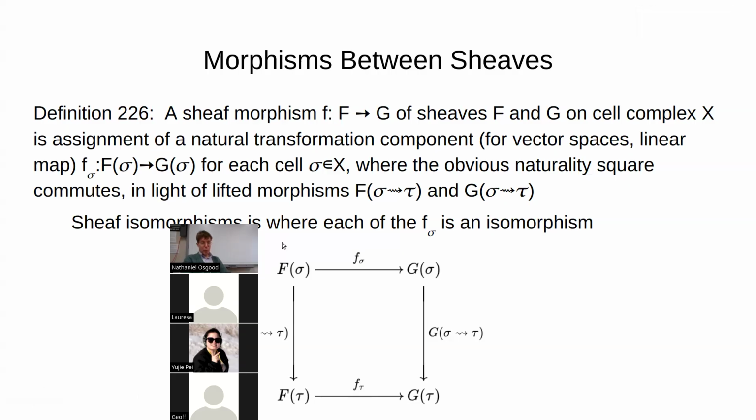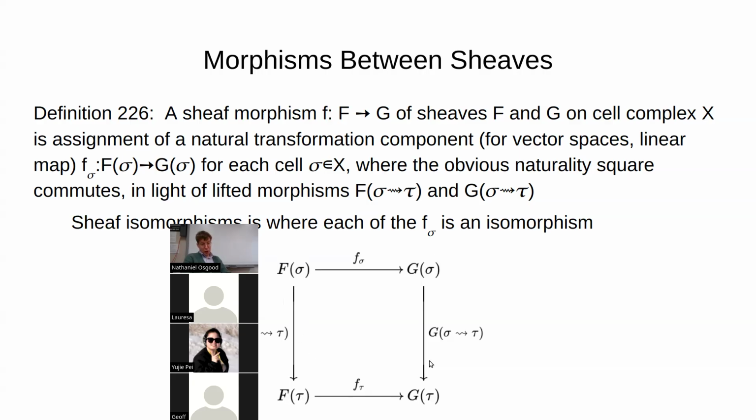For cellular sheaves, morphisms between sheaves, I will just note, have this rather nice property that they're morphisms between functors. So we just have natural transformations between the functors involved. If we have a sheaf morphism, it assigns data to sigma and data to tau. And we have this mapping here that tells us how to go from this assignment of data, from this set of possibilities to these possibilities, right?